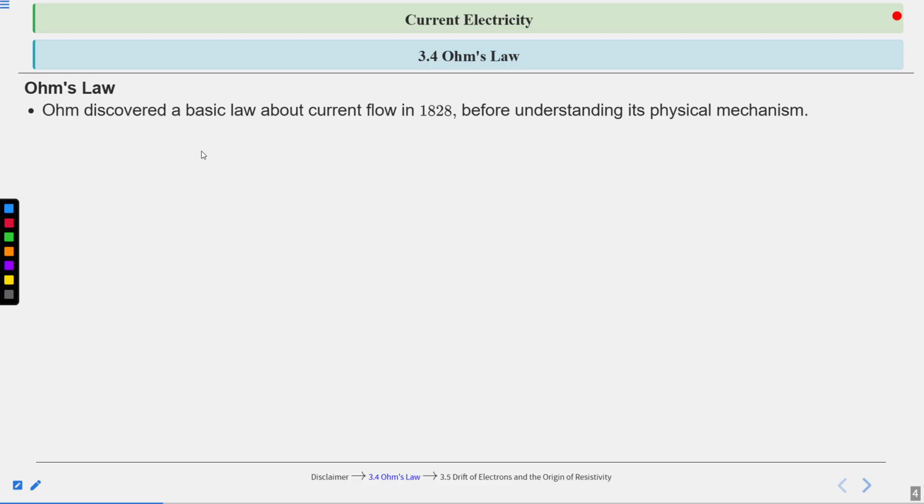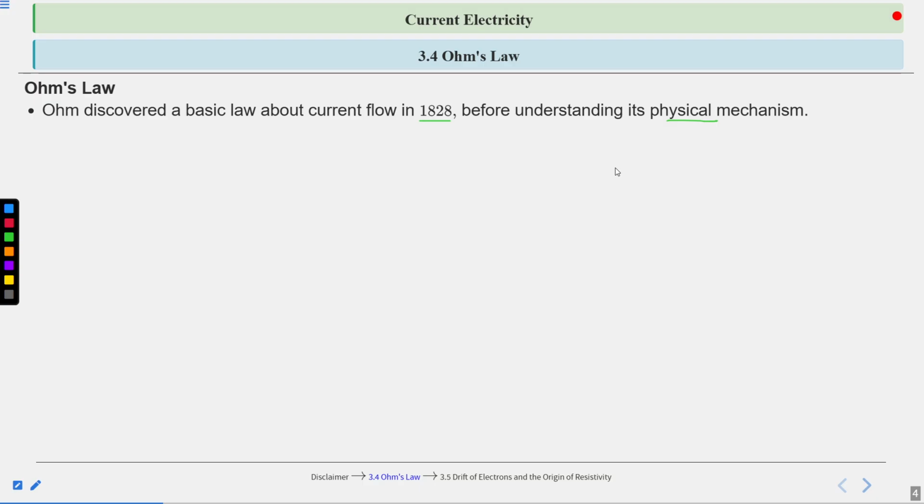This law is named after a scientist. Ohm discovered a basic law about current flow in 1828, before the physical mechanism of current flow was understood. We got to know after much time that the flow of current is due to the flow of electrons.